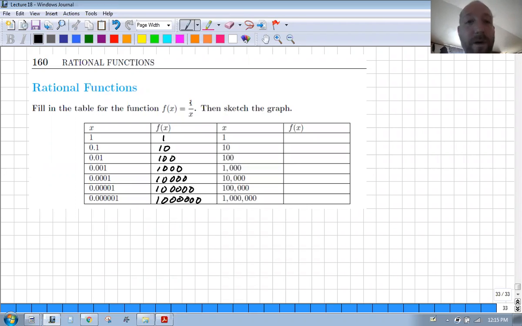So you're taking 1 and dividing it by smaller and smaller numbers, which gives you a bigger and bigger number. Now 1 divided by 1 is still 1. 1 over 10, 0.01, 1 over 100, 0.001. So going in the opposite direction here.